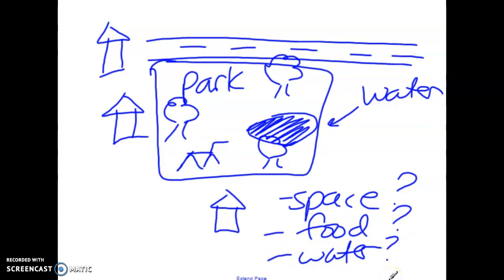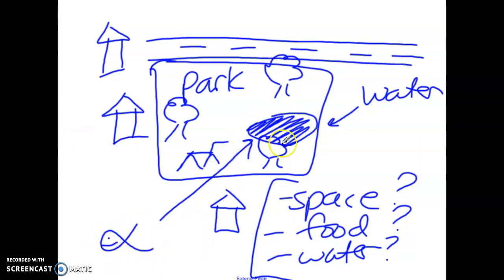There is a limit to how many things are able to live in a certain area. These are called limits to the population, right? It's not like one day you're going to be walking by and there's going to be 1,000,000 deer living in this park. The number of deer is probably going to stay relatively the same because of limits that there are in the population. Same thing with the fish that are living inside that pond.